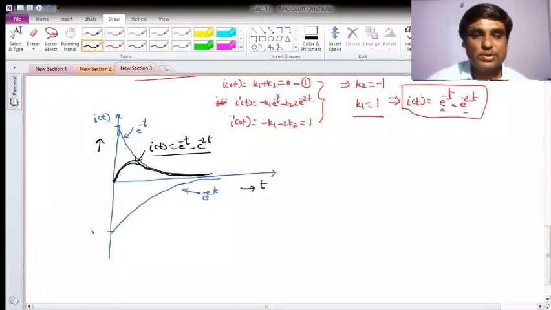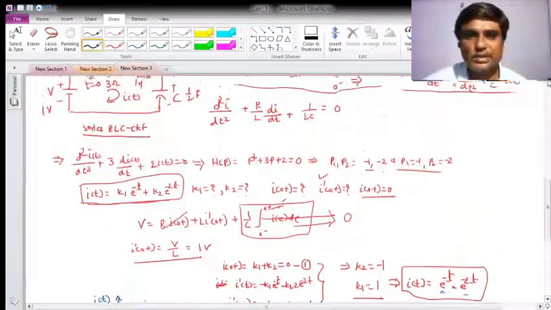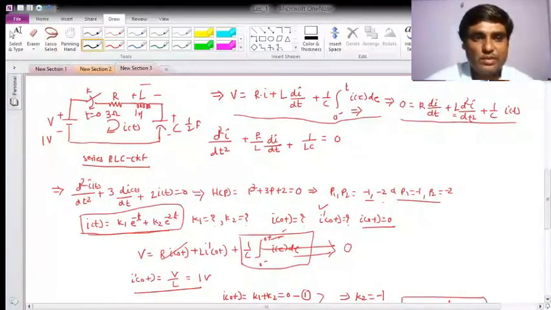Let us check it physically. At t equal to 0 my current is 0, and at t equal to infinity my current is also 0. What is happening when the switch is closed? Assume that L and C are initially relaxed. The inductor will act as an open circuit and the capacitor will be short circuited.